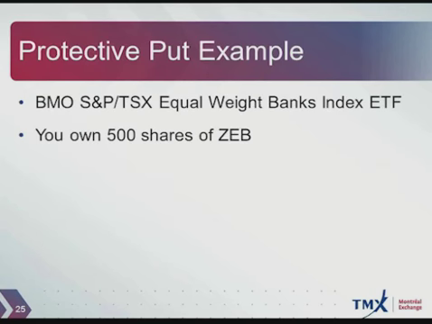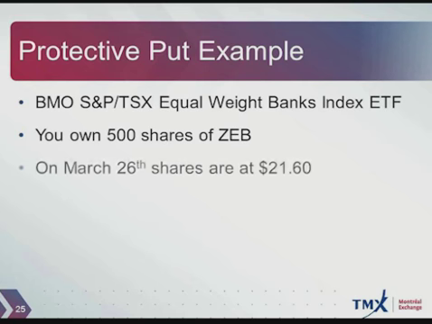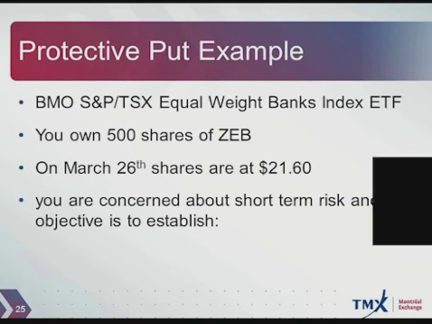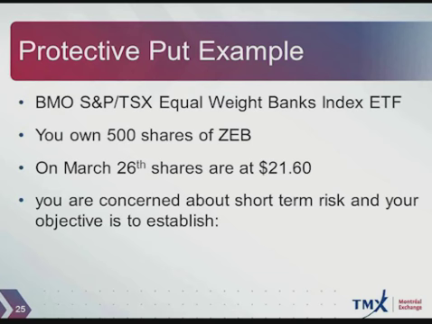So I was looking at the S&P TSX Equal Weighted Bank Index. So this is the ZEB, considering owning 500 shares, and on March 26th, shares were trading at $21.60. And if we're concerned about short-term risk, let's say, for example, we've been profitable over the last several months, and now we're starting to feel that there's maybe a little overhead resistance and some potential short-term risk.